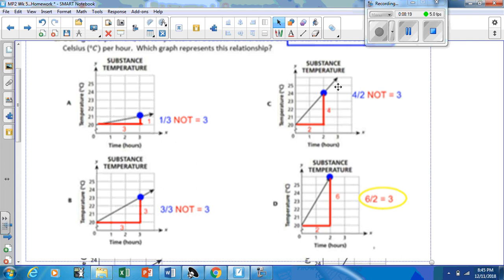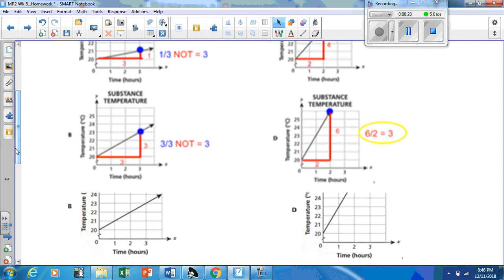That's 3 over 3, which is 1, not 3. And finally, I get to D, my final choice. My rise is 6, my run is 2. 6 divided by 2 is 3. 3 is the number I've been looking for. 100%. That's what I want.